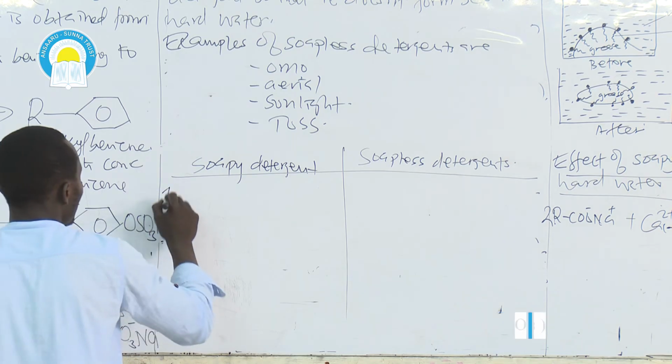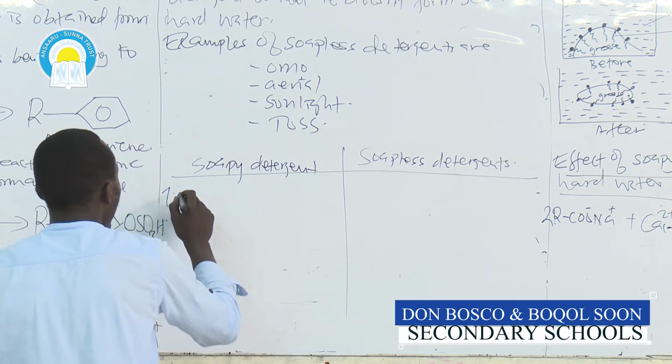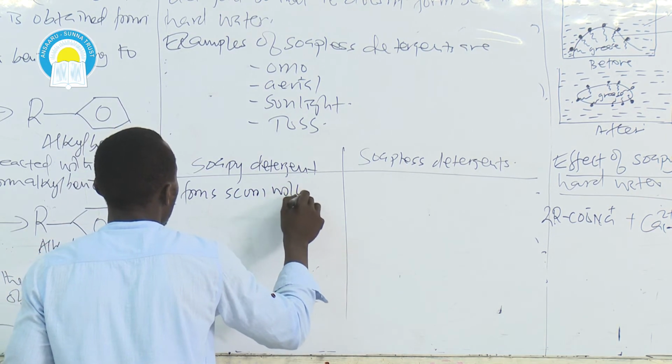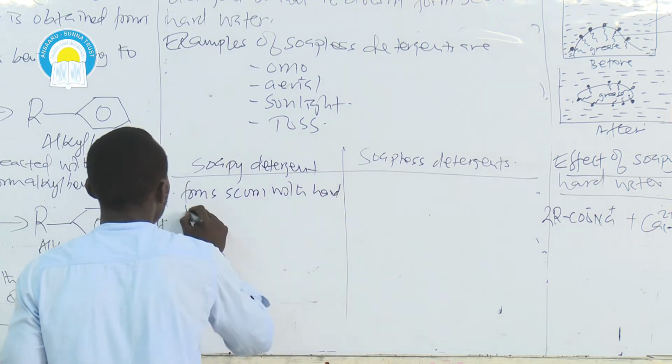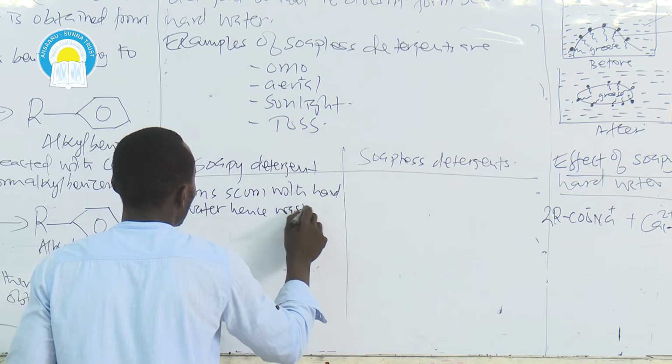The first one: the soapy detergent forms scum with hard water, hence wastage.